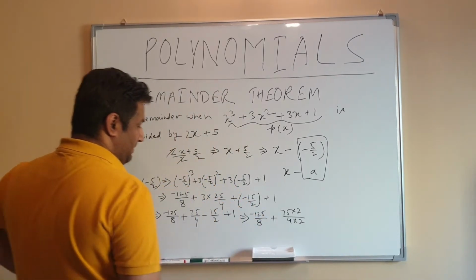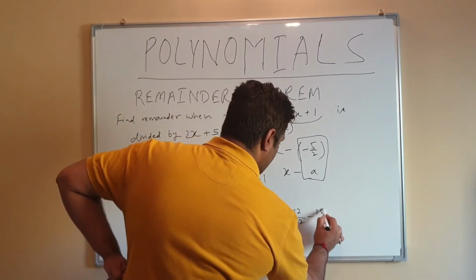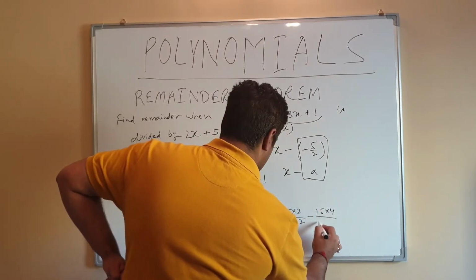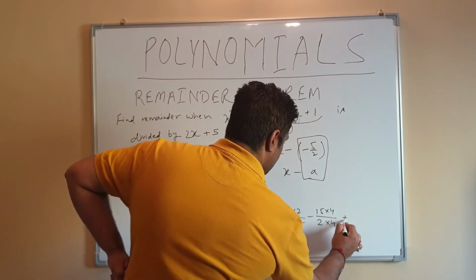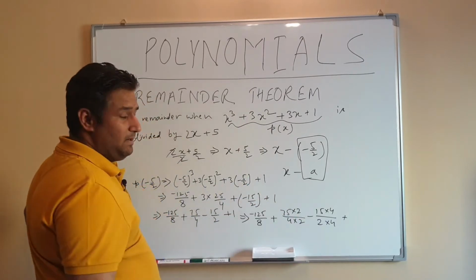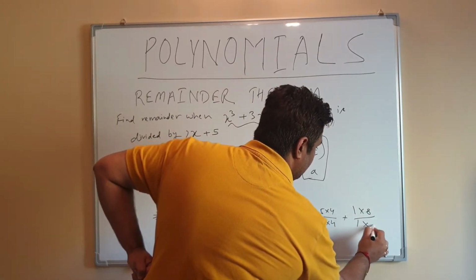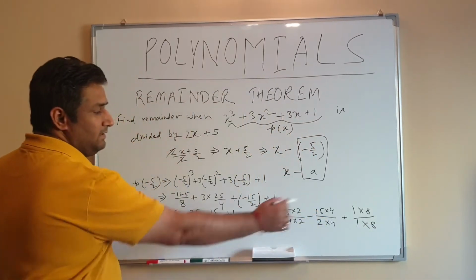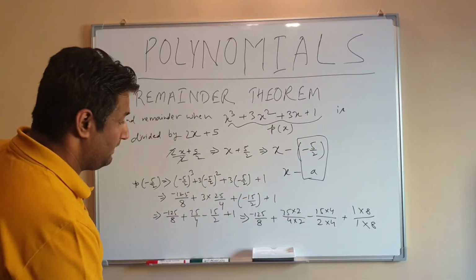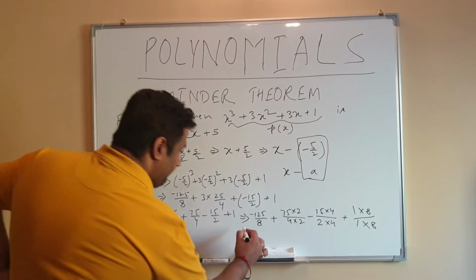And this term will be multiplied by 4, and this 1 will be multiplied by 8 in the numerator and 8 in the denominator, so that the denominators of everything is 8.